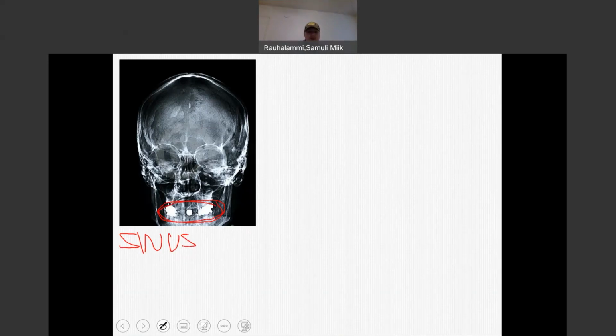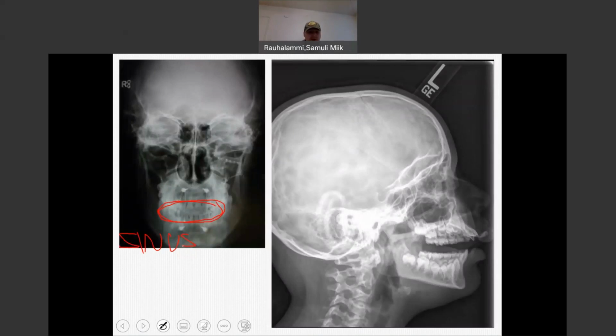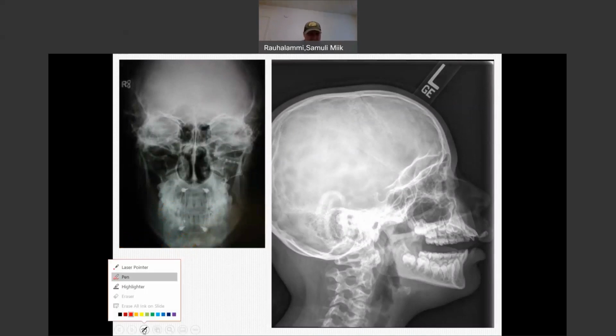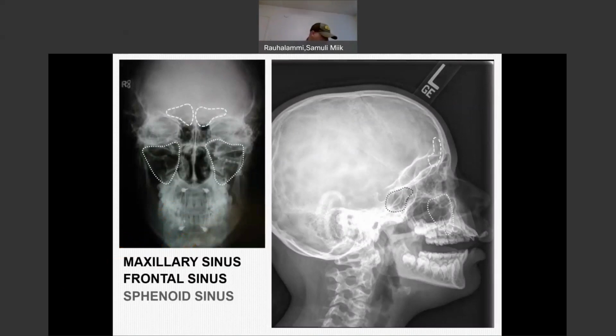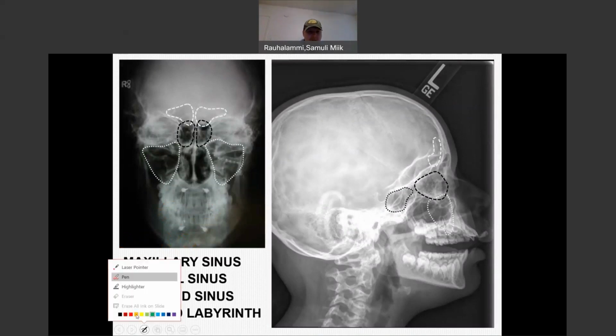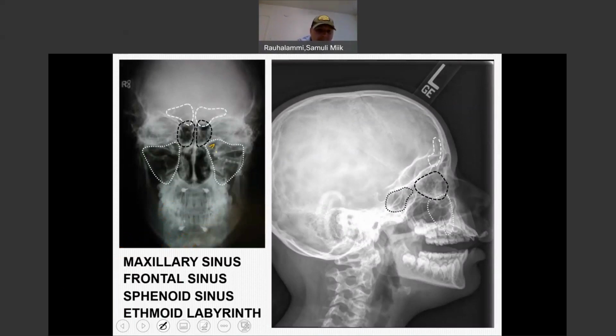So let's have a look at those with a few different views. And I'm just going to remove the writing that I had there. That's going to make it a little bit easier as we work our way through. And let's have a look at the different sinuses that we can spot from here. So first of all, we can see our maxillary sinuses within the maxillary bone.